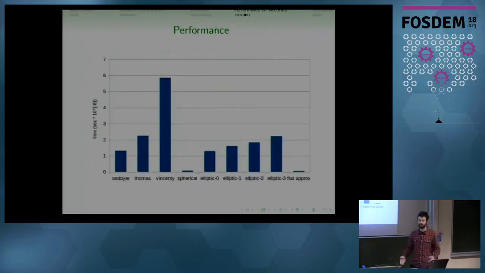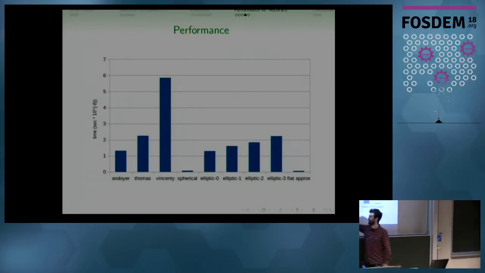We also like to compare it with performance. So this is a very simple graph giving an idea of performance. So Vincenty, which is the most accurate as you can expect, is the slowest one. So this is going from the slowest to the fastest. We have Vincenty, and then we have Thomas, and then there is a trade-off of these elliptic formulas, and we go up to Andoyer.